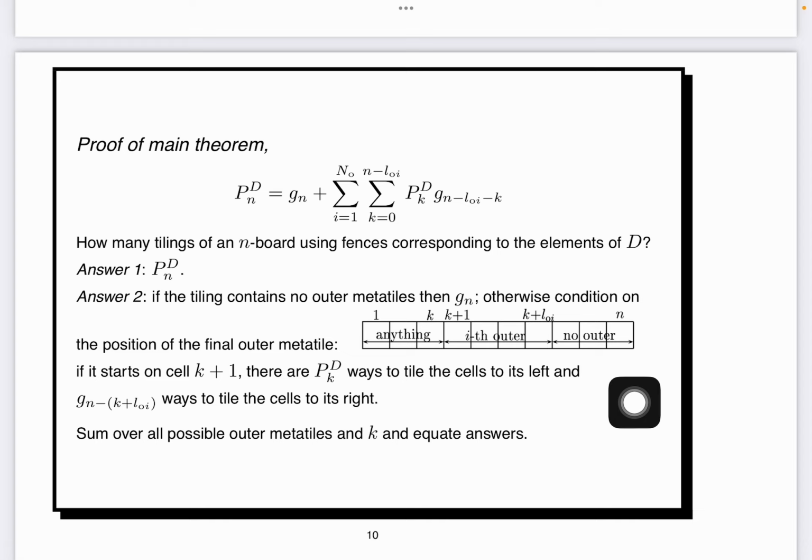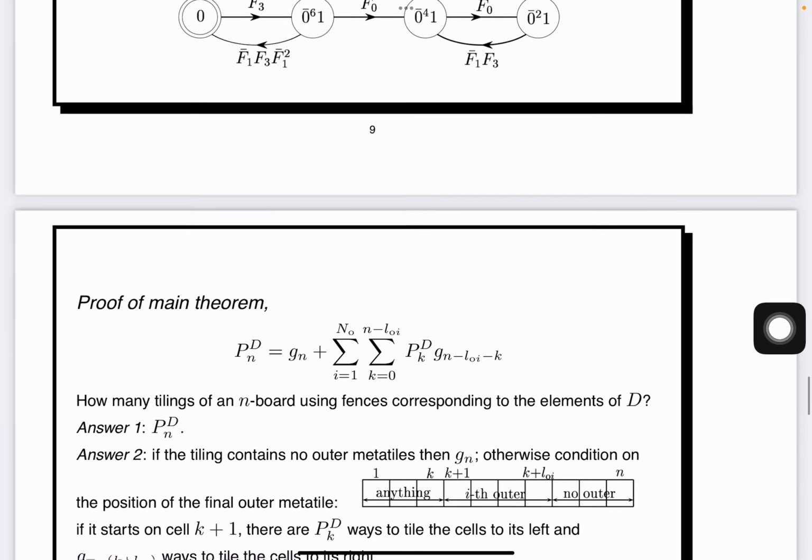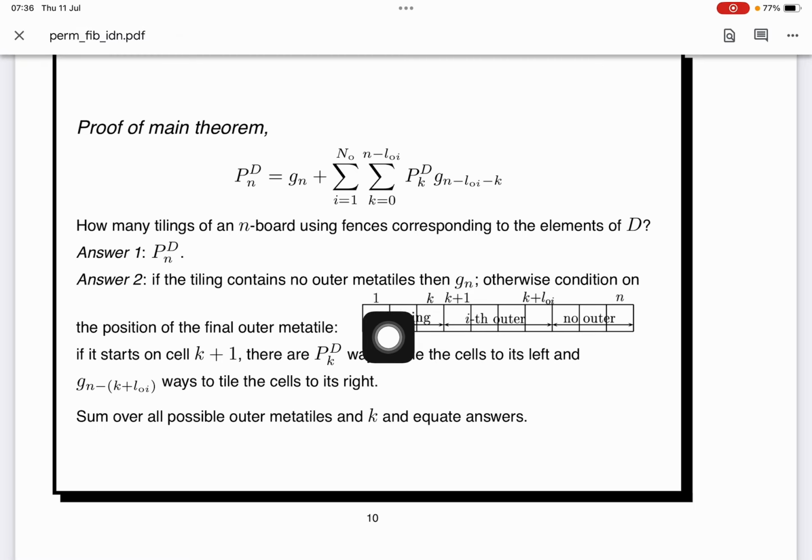So the first possibility is that the complete tiling contains no metatiles, and we already worked out that the number of such tilings is Gn. So that's this possibility here. Otherwise, if it does contain an outer metatile, then we condition on the position of the final outer metatile. And the number of ways to tile then is the number of ways to tile before the final metatile times the number of ways to tile after the final metatile, and we end up with this. Then we just sum over all possible k starting positions and all possible outer metatiles, and then equate the two answers.